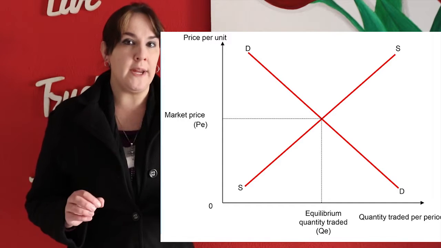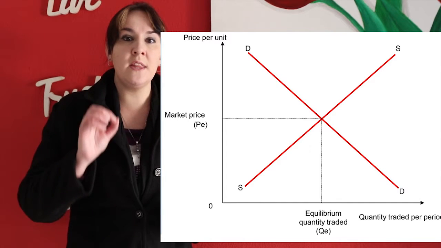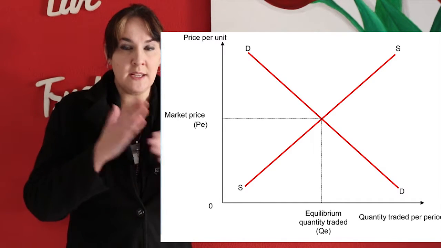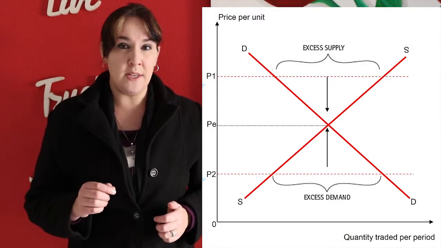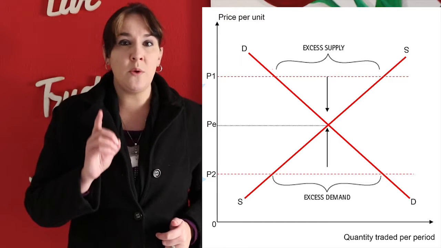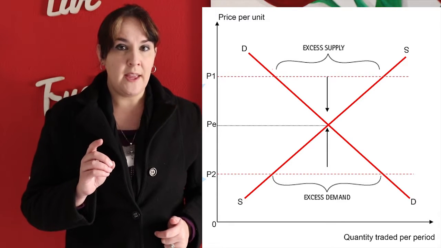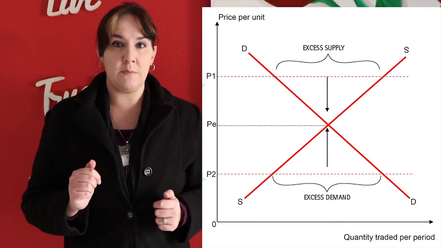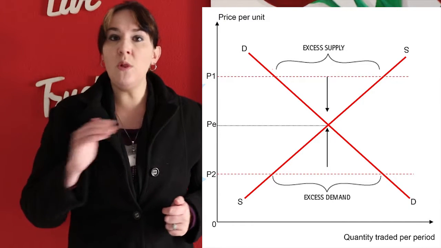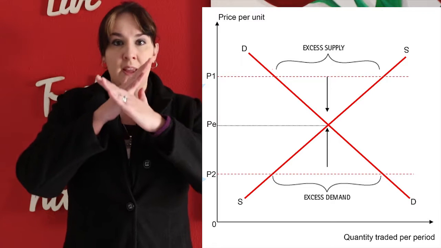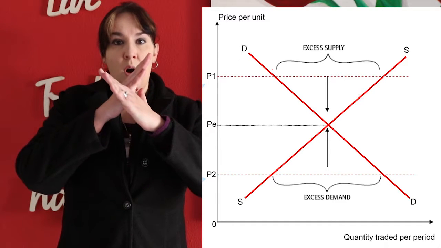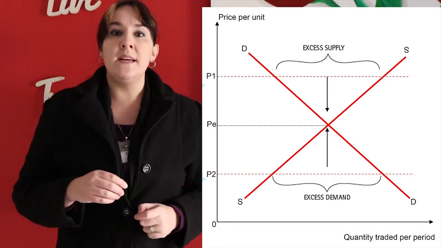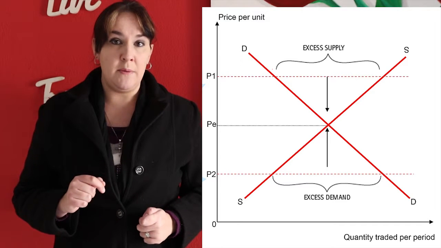Any other point which is not the equilibrium point where they intersect is known as a disequilibrium point. So there's only one equilibrium point, and that equilibrium point then links back to the market price. All other points on that graph are seen as disequilibrium points.